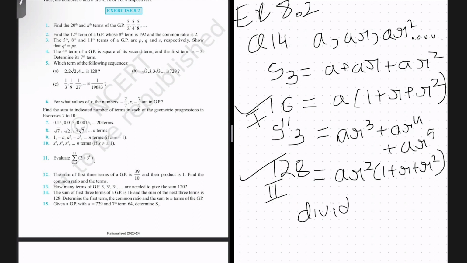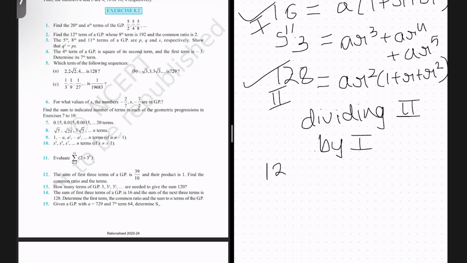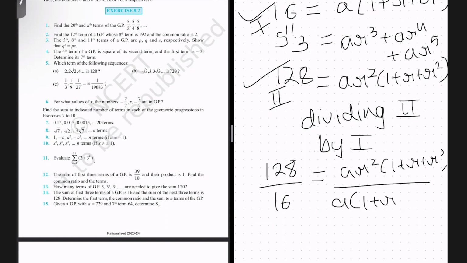Dividing 2 by 1, what you finally get is 128 divided by 16 equals ar cube into 1 plus r plus r square, and in the denominator you have 1 into a into 1 plus r plus r square. So you can cancel this entire term out. You can cancel a and a. Here 16 divided by this is r cube, because you take a into r raised to the power 3 as common.